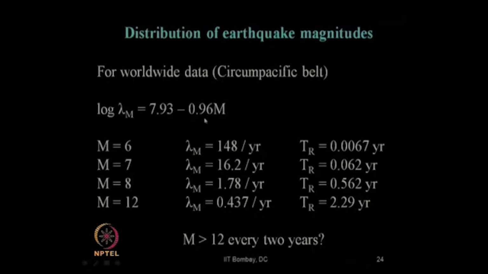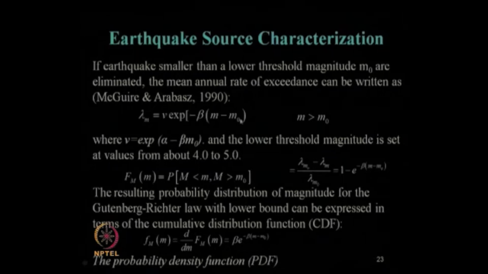This equation, what we have talked about, has a lower threshold magnitude, based on our interest on design parameter, above which the problem to our structures starts coming in. Based on that, we have to select that minimum or threshold value of magnitude.